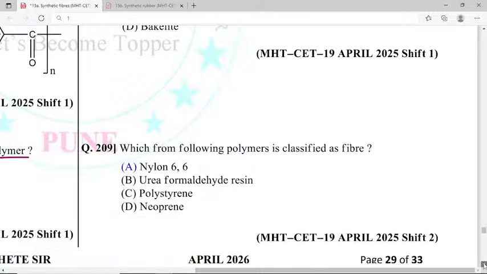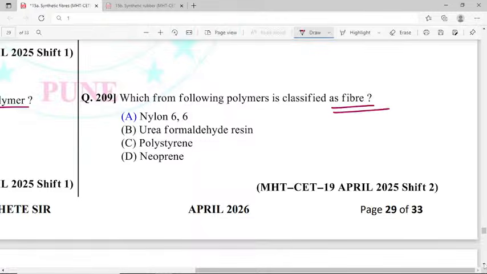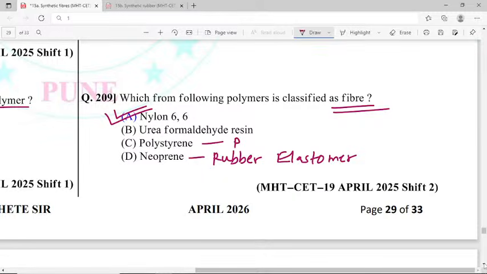Which from the following polymers is classified as a fiber? Again the question, nylon 6 is a fiber. Neoprene is a rubber. Rubber stands for elastomer. Next, polystyrene is a plastic. This is a category of plastic.